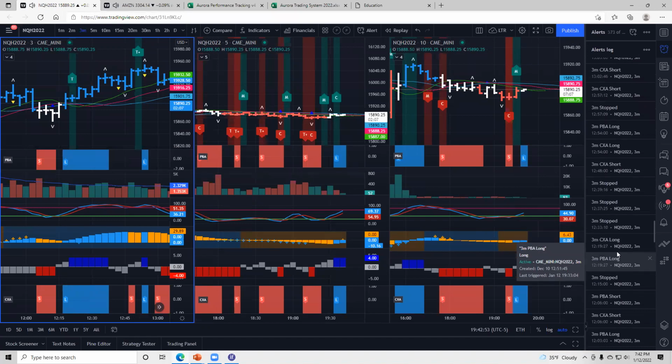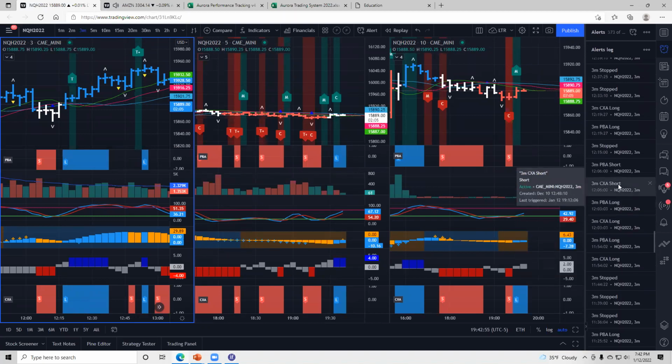We had a PBA long right here. You can see that it was long at 12:19 and 27 seconds. That's what we refer to as a mid-bar print. It didn't come on at 12:18.